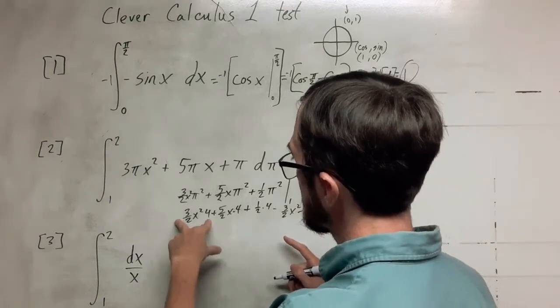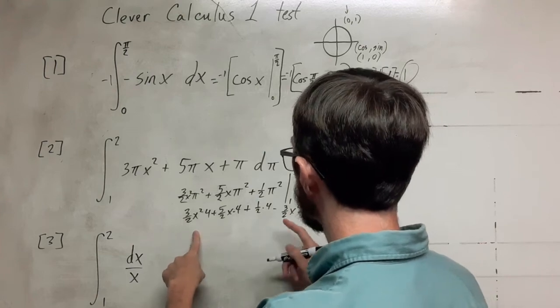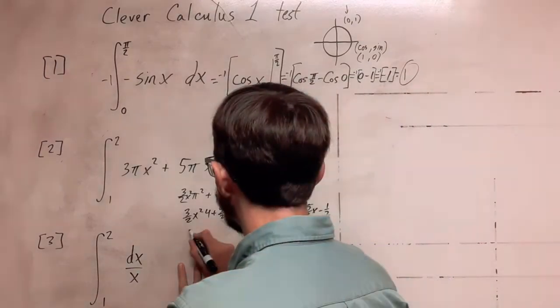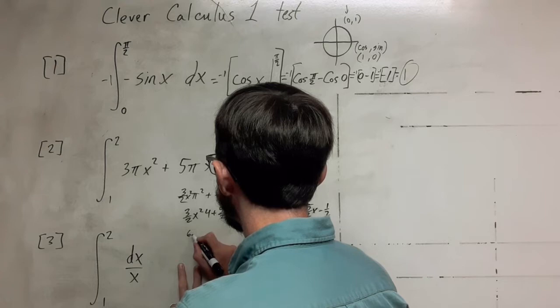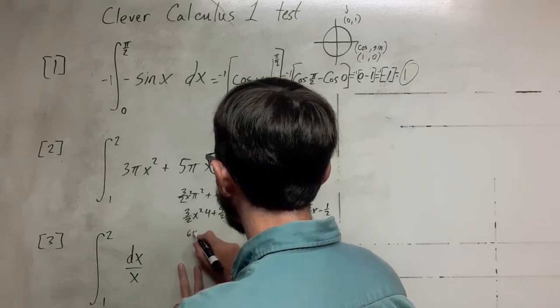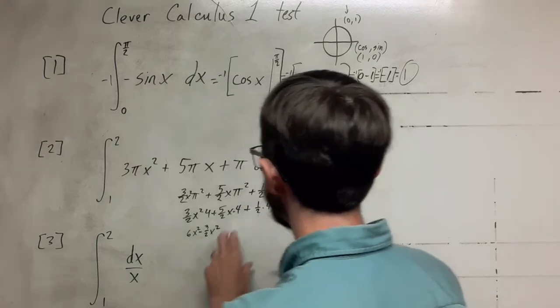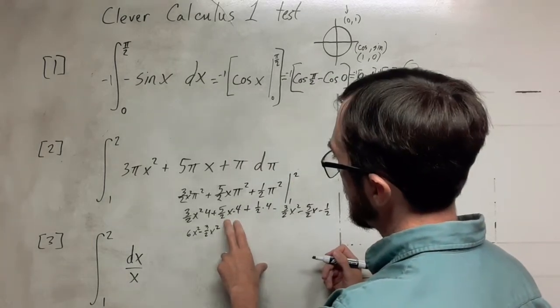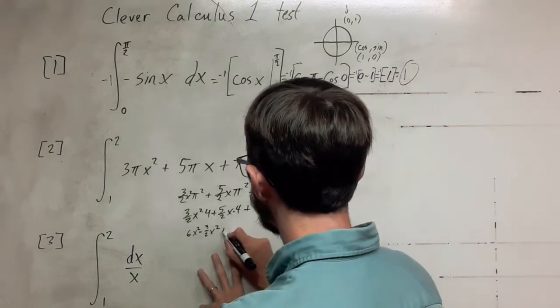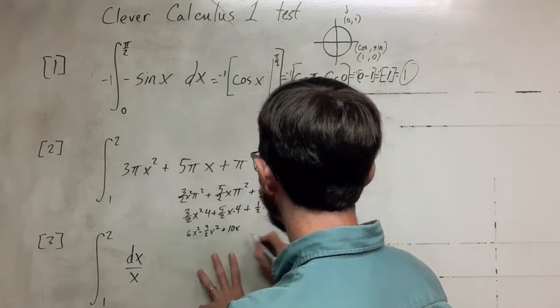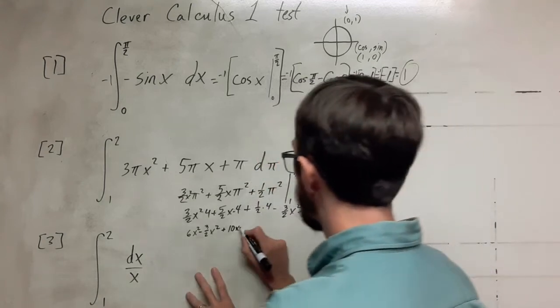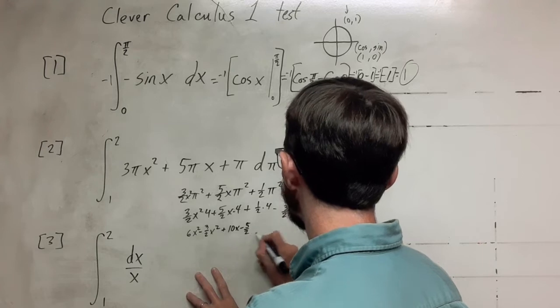This will end up being 6x squared minus 3/2 x squared. Over here we're going to have 10x, and then we have minus 5/2 here.